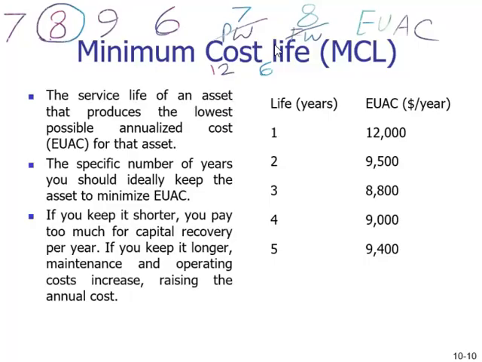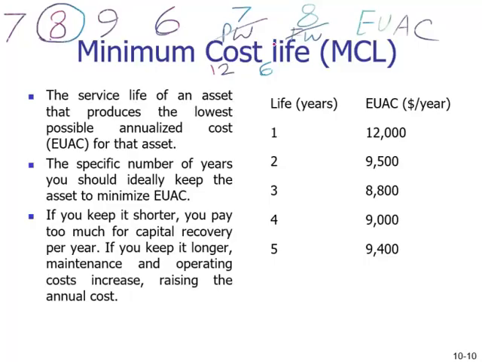If you keep it shorter than 8 years, it means that you are paying too much per year to recover the capital you invested at the beginning. Because when you are keeping it for 7 years, it means that the initial investment you have made needs to recover itself over 7 years instead of 8 years.